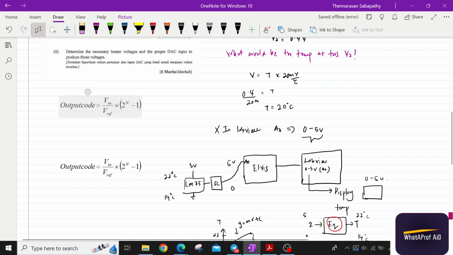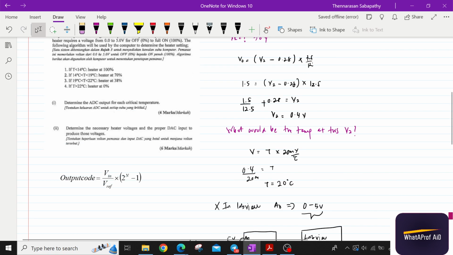Because you know, the computer or microcontroller, all machines, only understand bits, binary or hex, correct or not? So that's why we have to change it. That is the reason we want to find the output code.